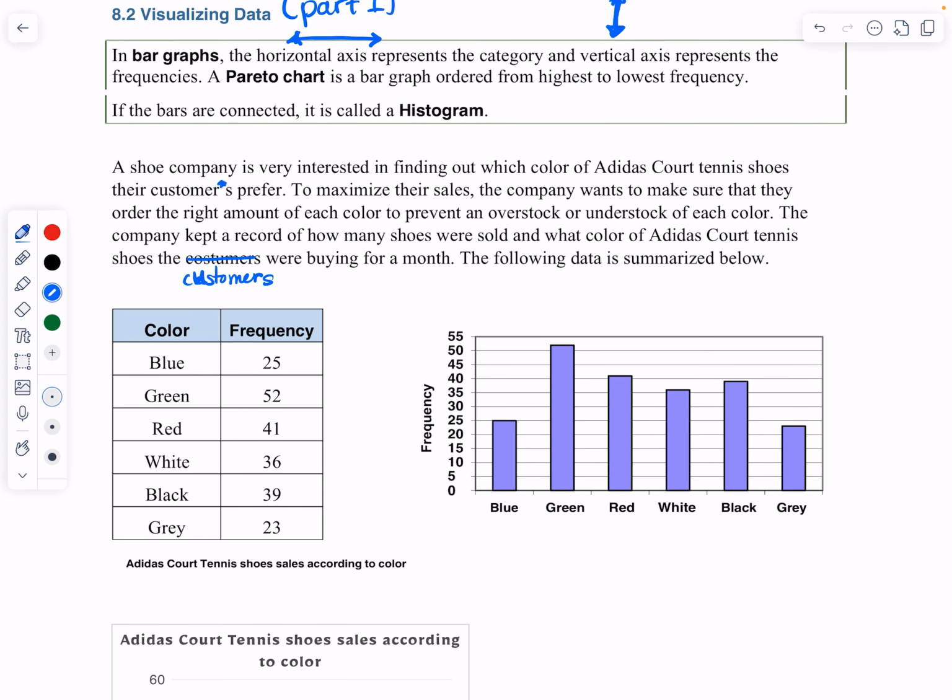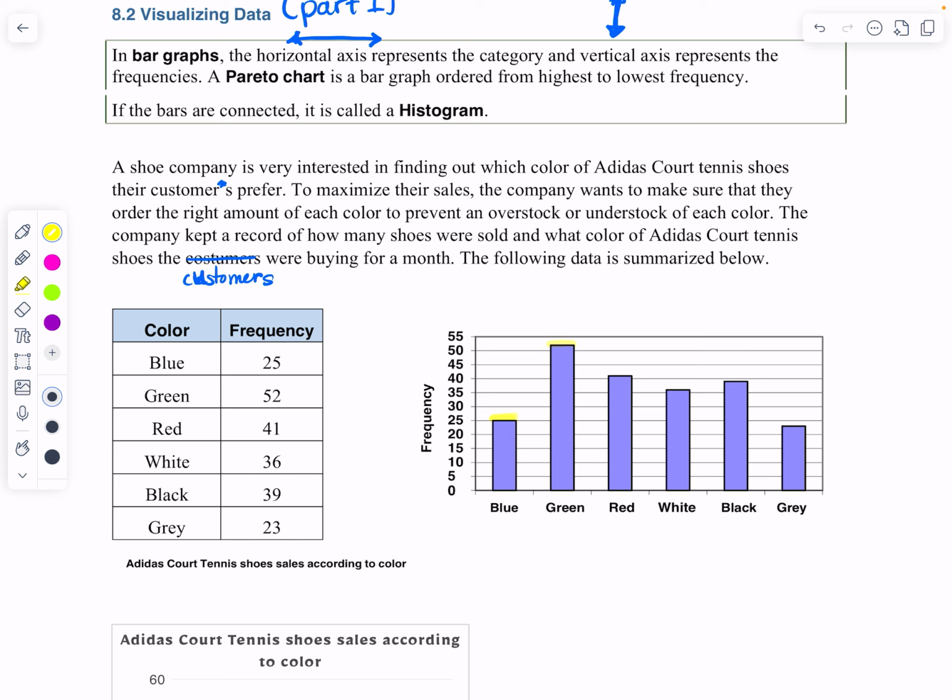All right, so if we look at the frequency table, we have blue is 25, green is 52, red is 41, white is 36, black is 39, and finally gray is 23. The graph on the right is showing the same information, right? Blue, if we look how tall the bar is, goes up to 25.